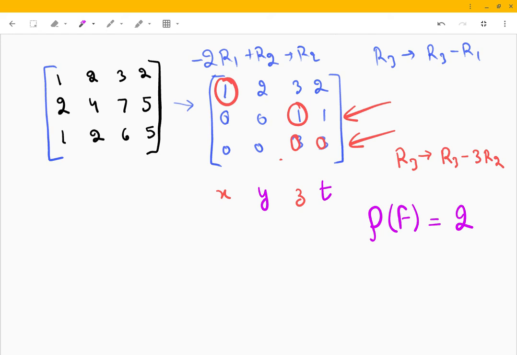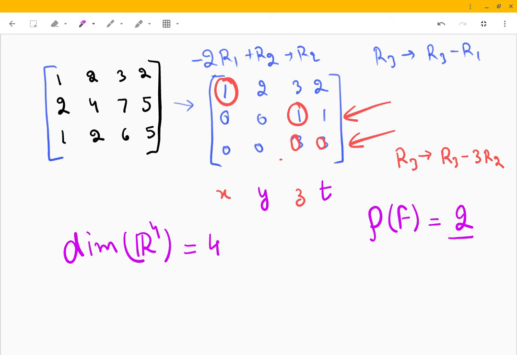Okay? That means, and what is the dimension of our domain? Dimension of R4 is 4. That means two vectors are forming the image in the image space.